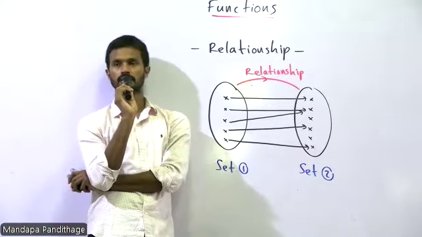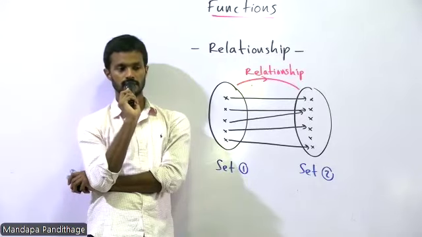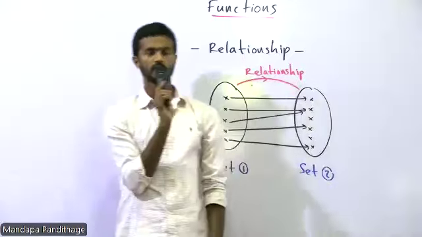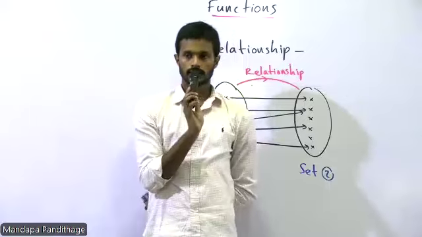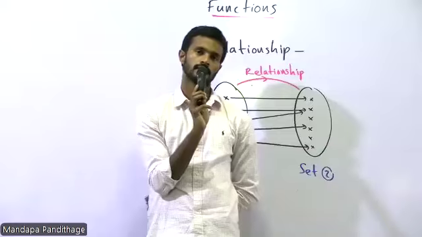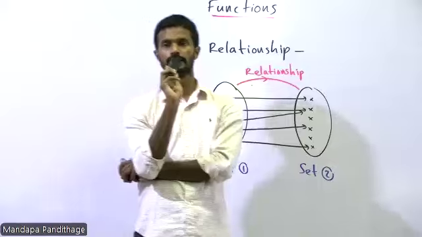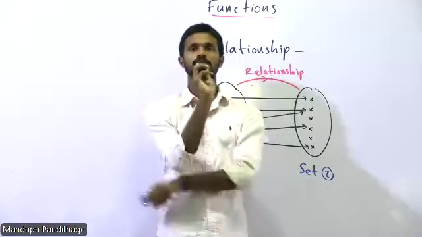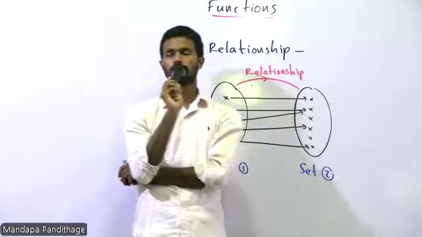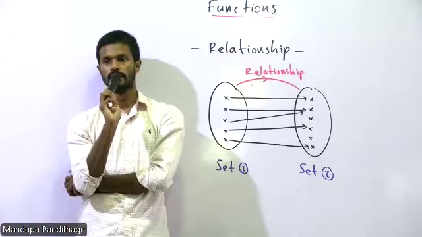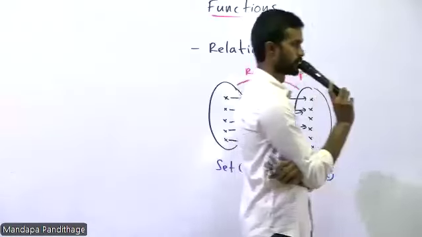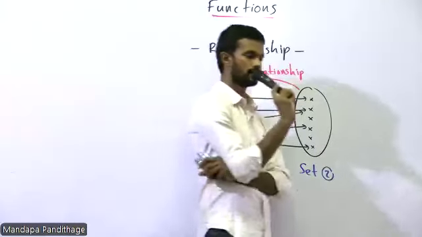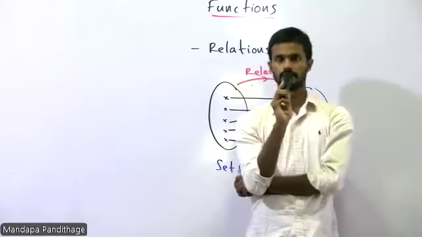Okay, then next line, write inside quotation marks: a connection between two sets that relates slash assigns elements of one set to the elements of another set is termed as a relationship.